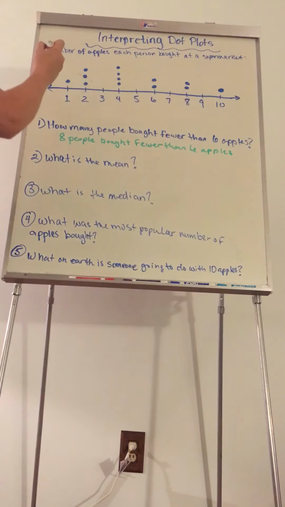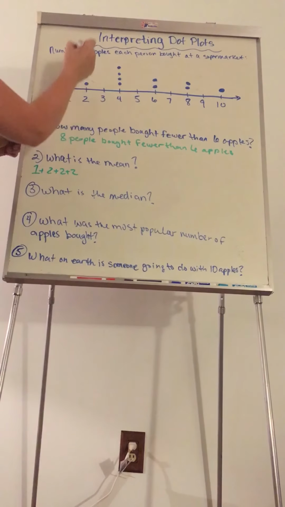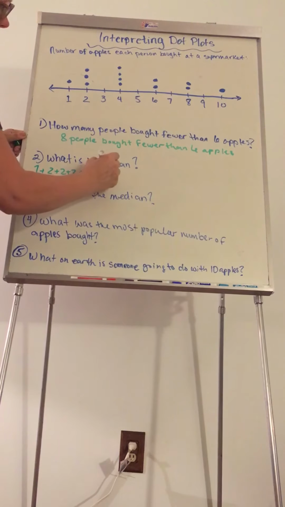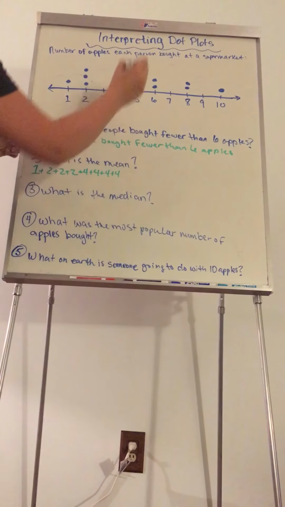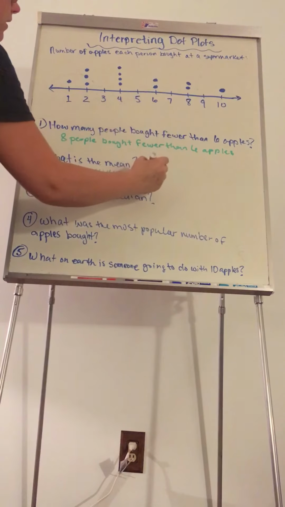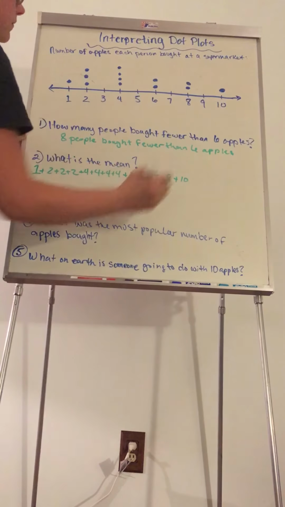So we will be taking the numbers from this dot plot, adding them together, then dividing by how many numbers there are. So my numbers are 1 plus 2 plus 2 plus 2, so 3 2's, 4 4's, so plus 4 plus 4 plus 4 plus 4, then plus 6 plus 6 plus 6 plus 6, then plus 8 plus 8, and plus 10, okay?